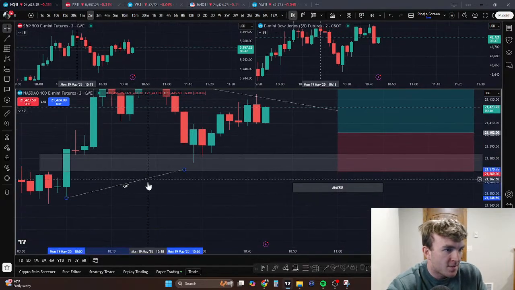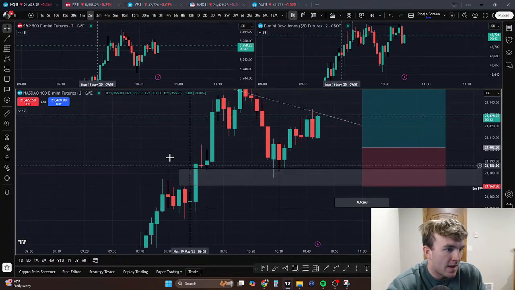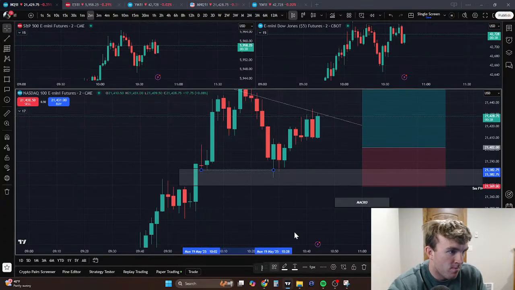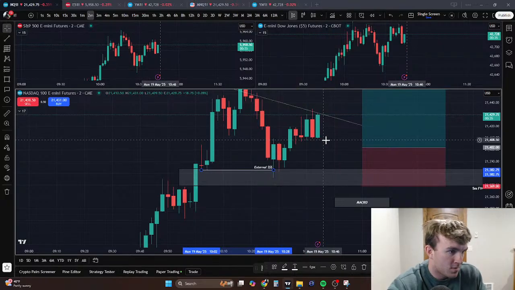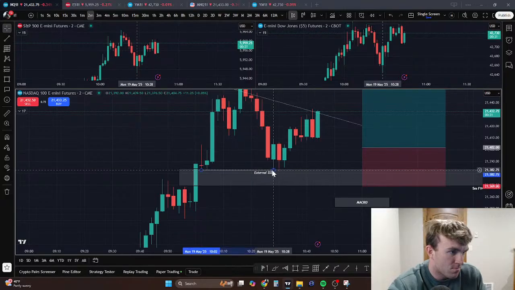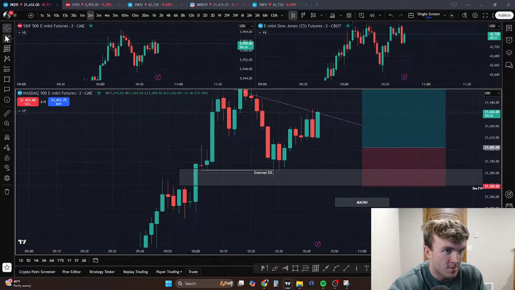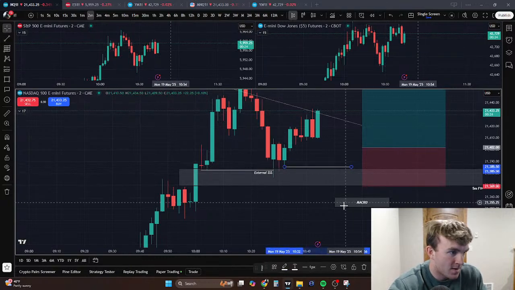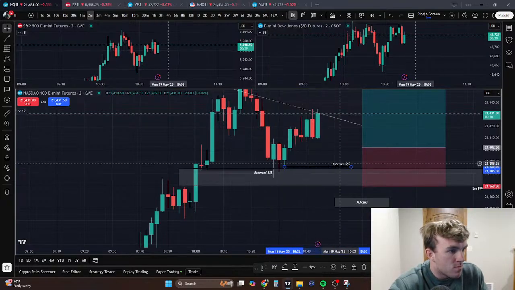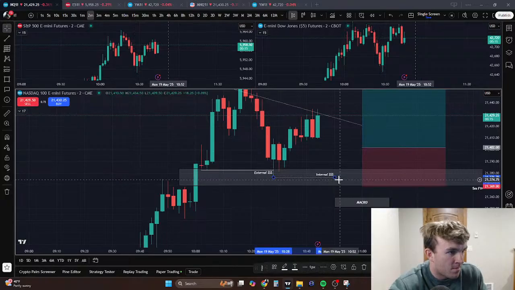So this would be nice because we'd basically be getting external sweep and then maybe internal sweep. And then maybe, let's say we got internal sweep right here. Or let's say we swept out this low.